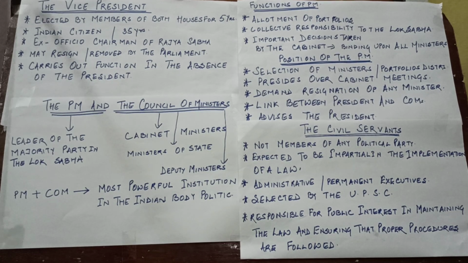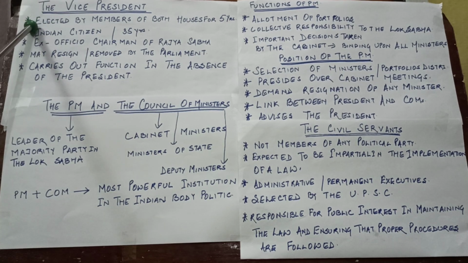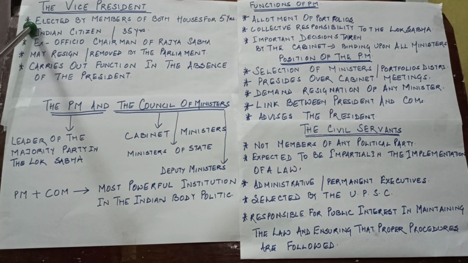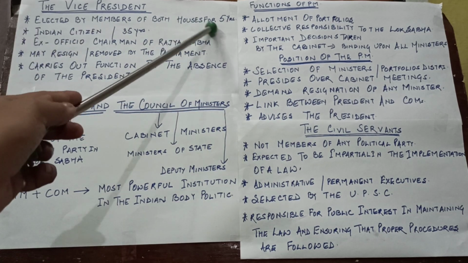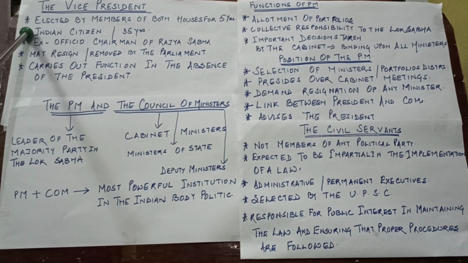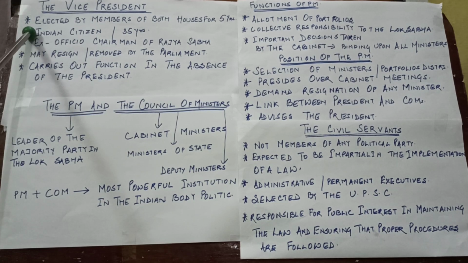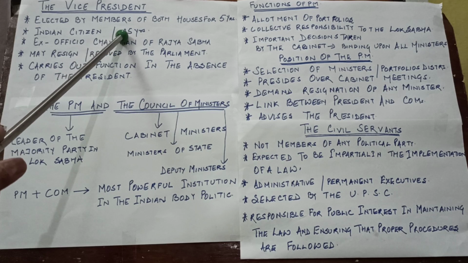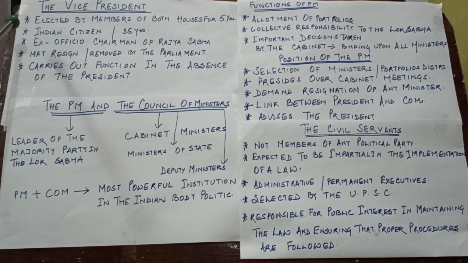Coming on to the vice president, he is elected by members of both the houses of the parliament for a period of 5 years. A person to become a vice president needs to be an Indian citizen above the age of 35 years.